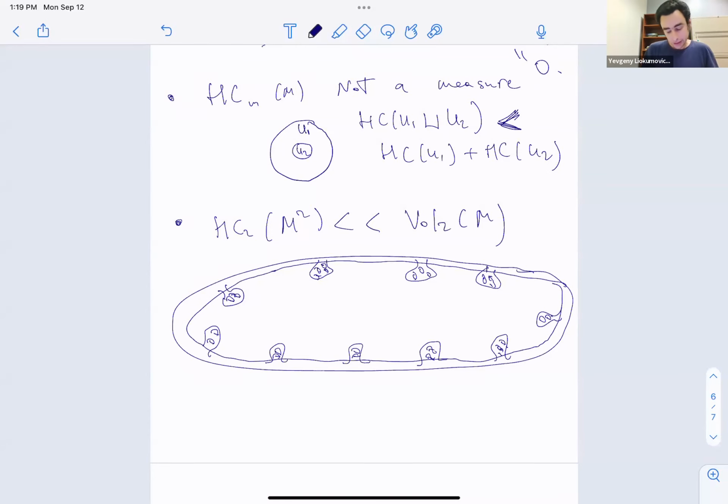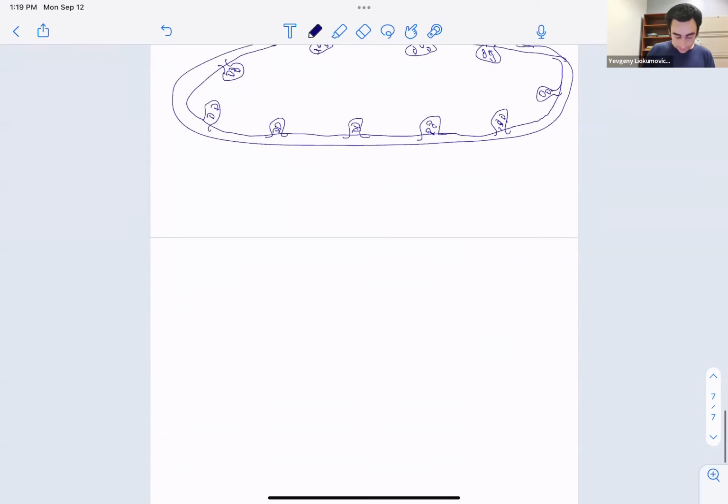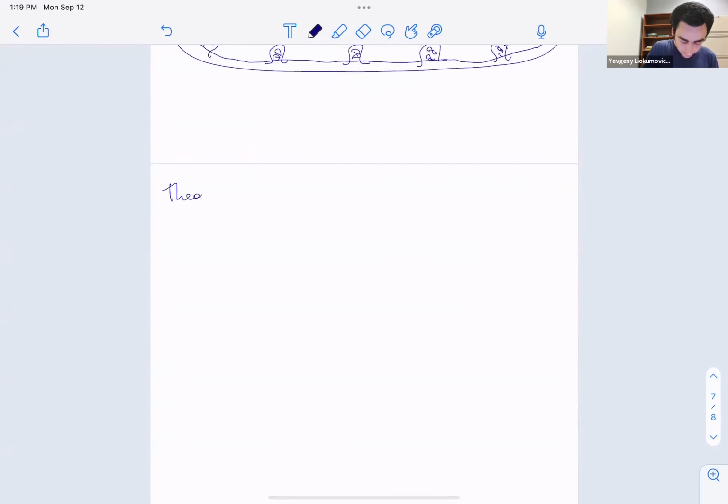So in this respect, it should obey the Larry Guth conjecture: if your Hausdorff content is small, then you should have small Urysohn width, one-dimensional. And this is indeed what we proved.